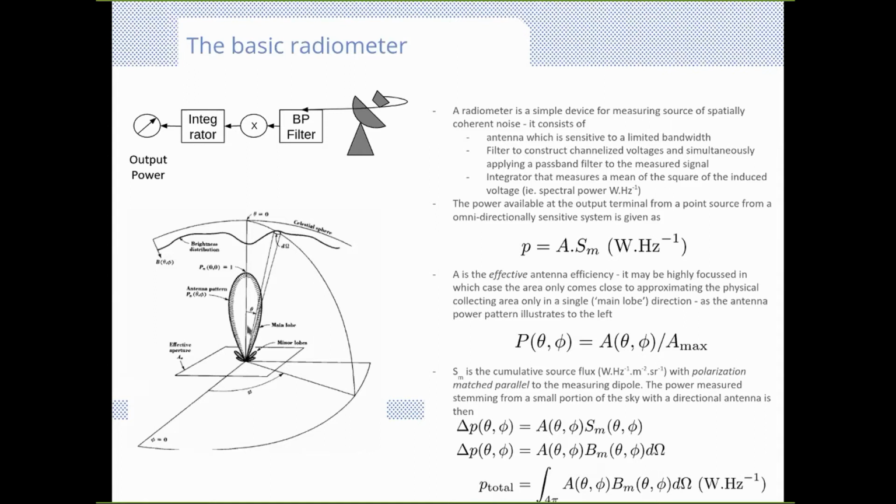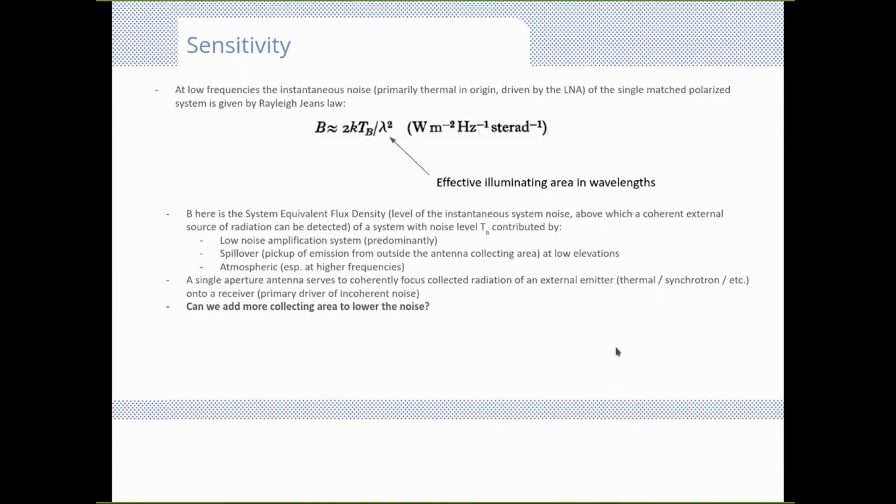If a source is emitting unpolarized radiation, it means the source is emitting radiation that has equal chance of going through either the vertical or the horizontal. If you only have one dipole, say a vertical dipole, then you're going to be measuring only about half of the available power. So it's important to realize that the dipole needs to be matched to the radiation that you're trying to measure. A bit more about polarization later on when we start discussing calibration.